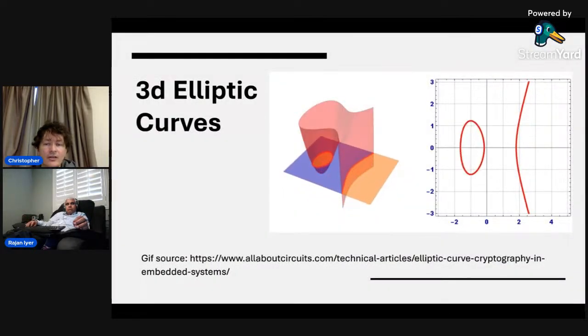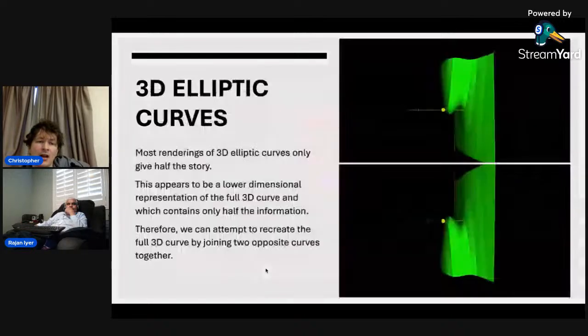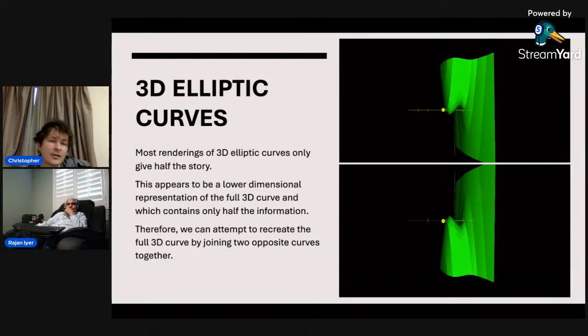This is a very good graphic showing how cross sections of that 3D surface produce the kind of egg shapes and planar lines that we expect from 3D elliptic curves. And the source for that graphic is below the image in that slide with the animation.